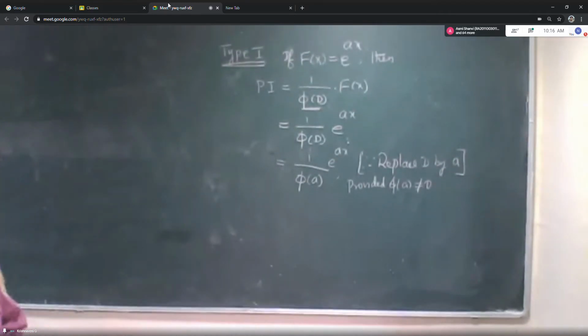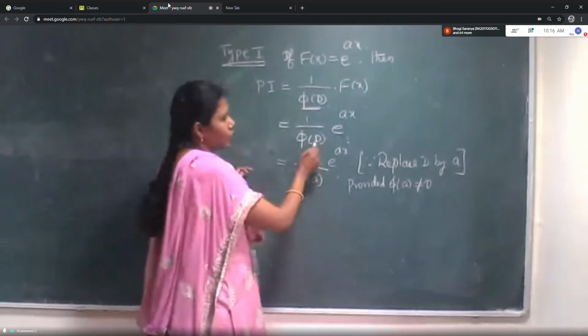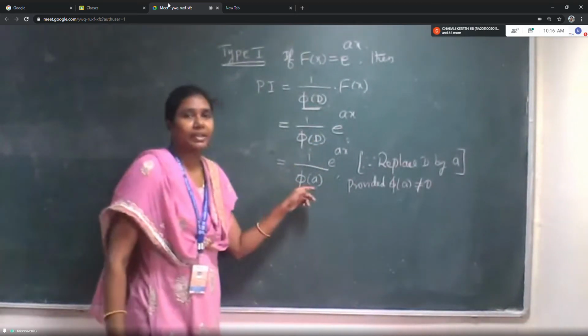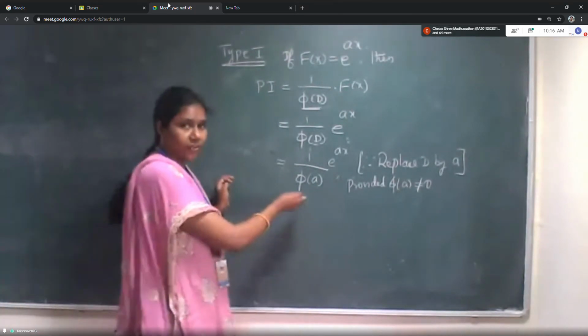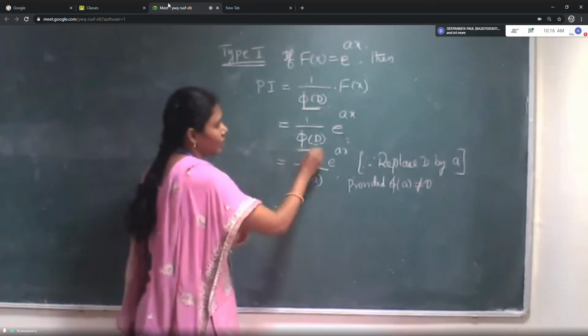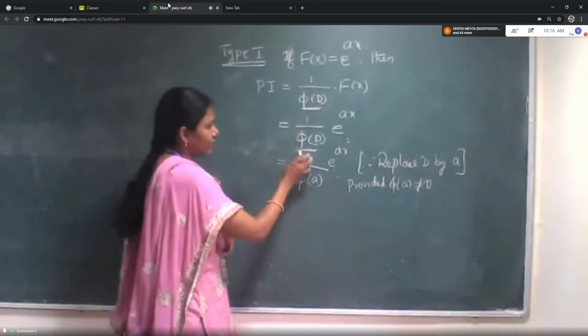In case after substituting D equal to a here, I am getting 0 in the denominator, then once again you differentiate the previous denominator equation. Here, what is it?